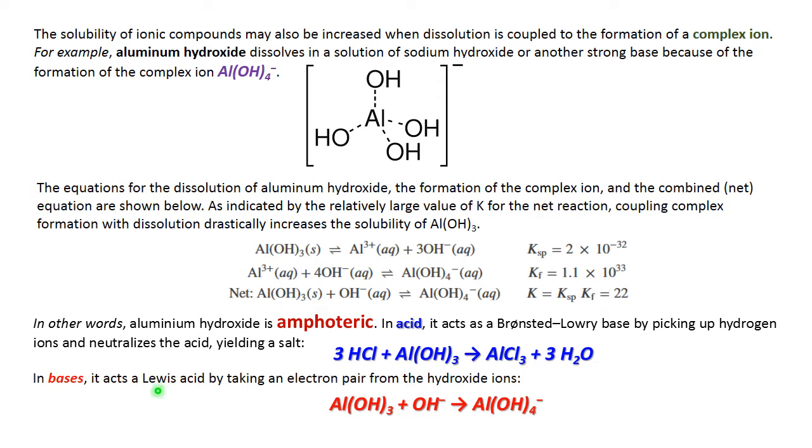In bases, it acts as a Lewis acid by taking an electron pair from hydroxide ions. The same aluminum hydroxide reacts with hydroxide to make Al(OH)4- ions. So two opposite functions, that's what we name amphoteric.